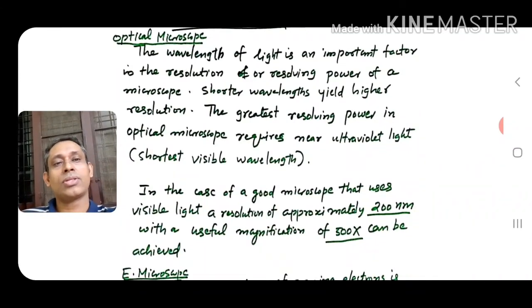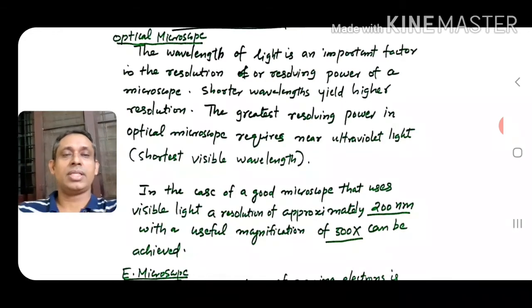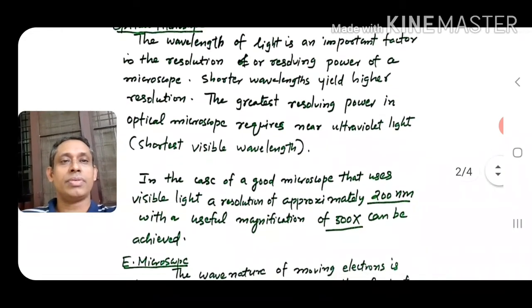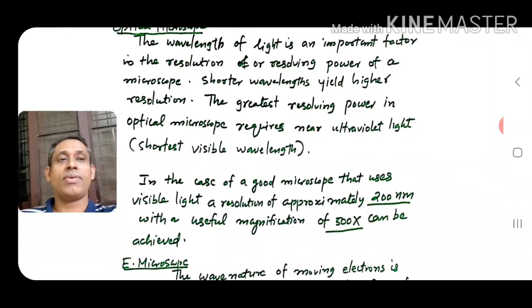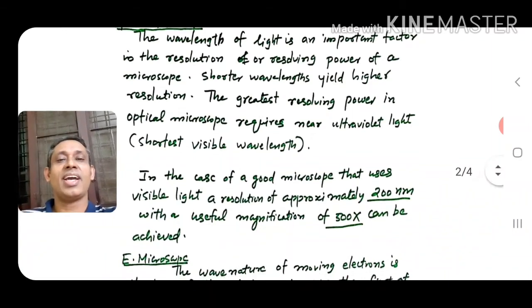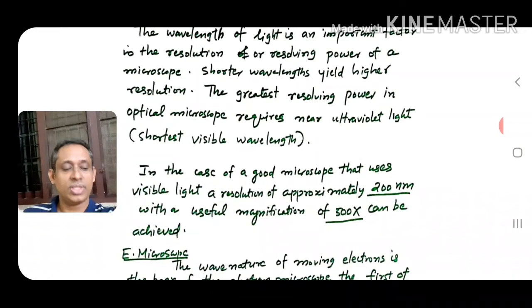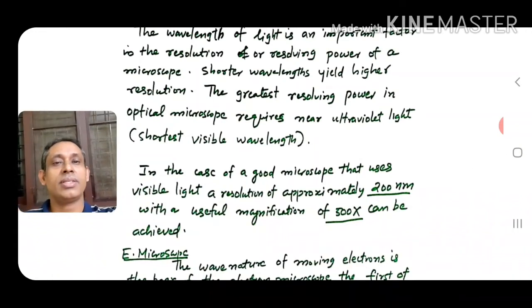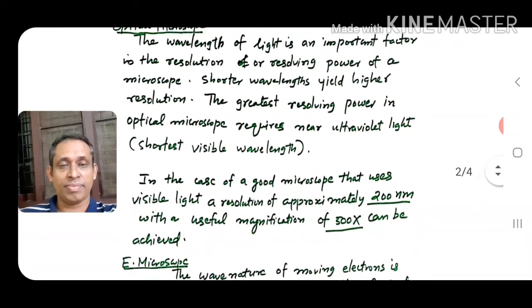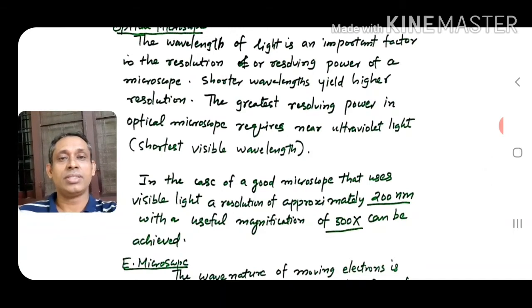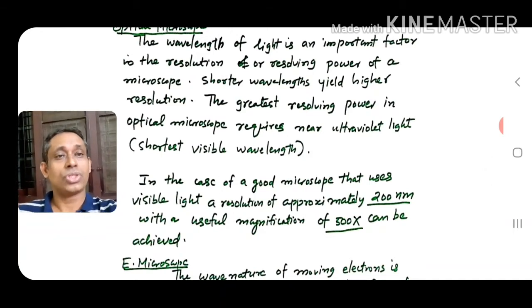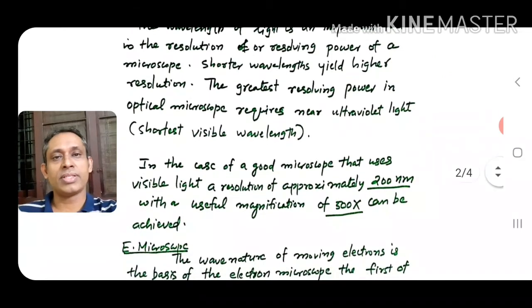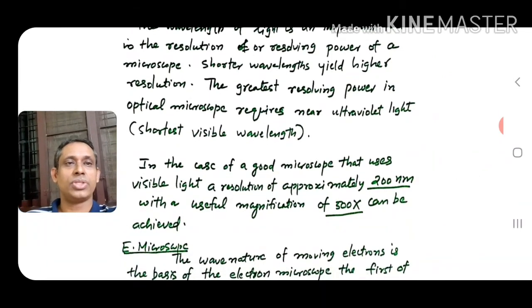We can have certain equations which show that shorter wavelengths yield higher resolution. So resolution increases with the decrease in the wavelength. If we use shorter wavelengths, it gives us higher resolution.